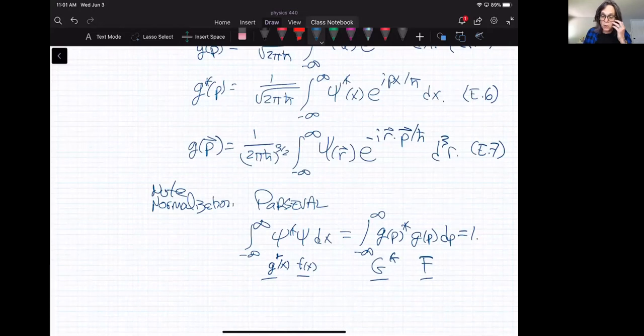But the point of this section and in your book and in these notes is that we can understand basically half of quantum theory in terms of the wave function as a Fourier transform from space to momentum. Right?